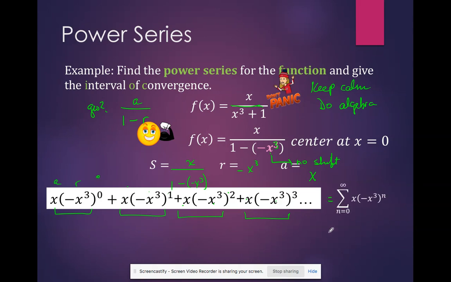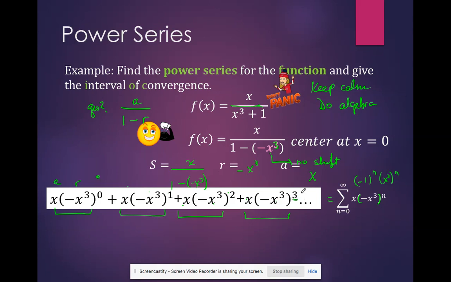That is exactly equal to this infinite series in sigma notation. Now, here's a way that I might write it. This is a little bit sloppy. You'll never see it this way in multiple choice. Notice that I have a negative x cubed there. I could write that as negative 1 to the n times x cubed to the n, right? Do you see that?